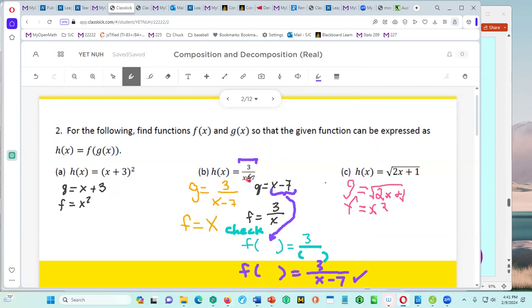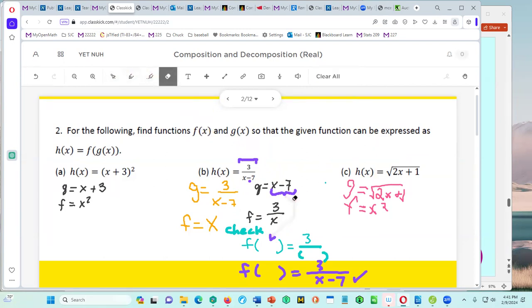And so the answer then is her answer: g, the inside function, is x minus 7, and f is 3 over x. And notice how quickly she just did it. She just recognized it. Until you learn to recognize it, it's like, how does she do that?